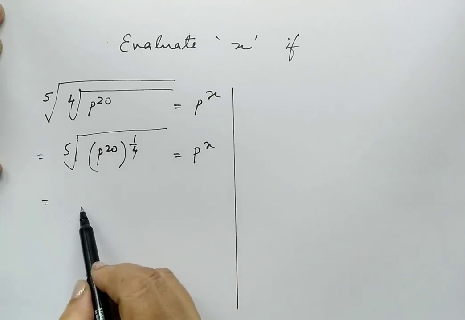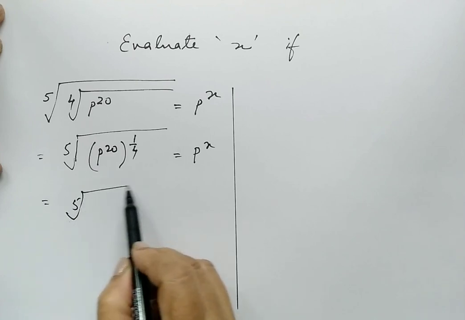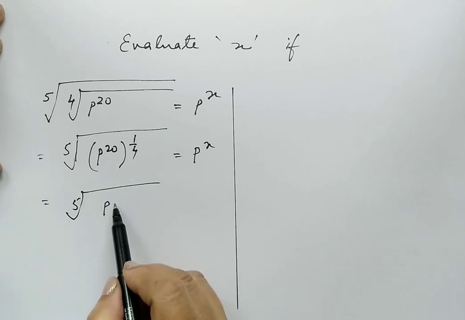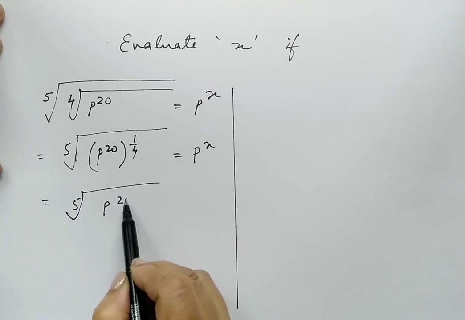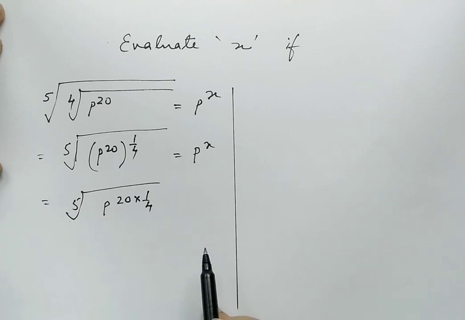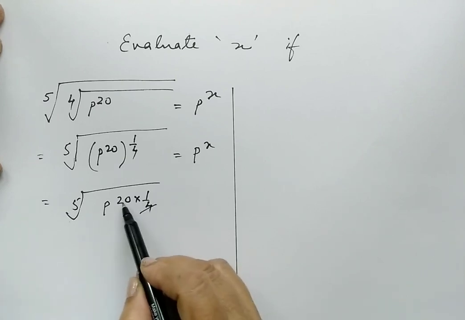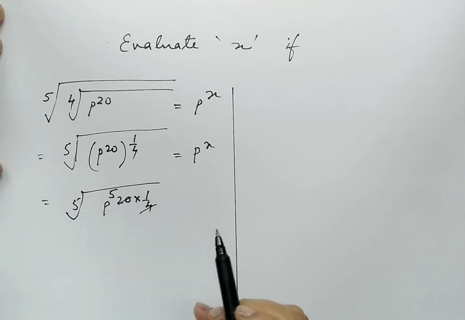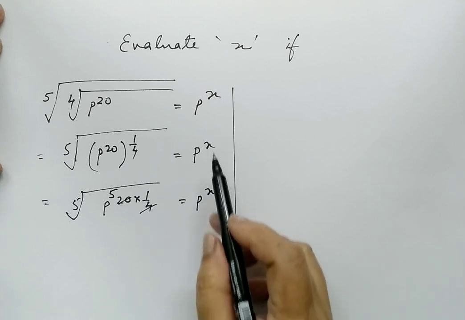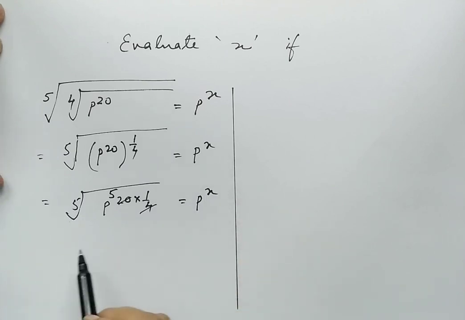So in the next step, what we get to see is p to the power 20 multiplied by 1 by 4. So when you cancel this, you are left with 5 here, and here, as I said, this is going to follow down.